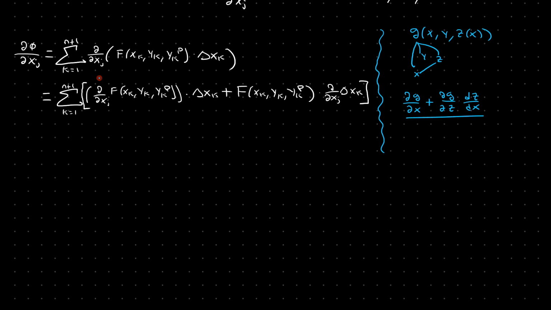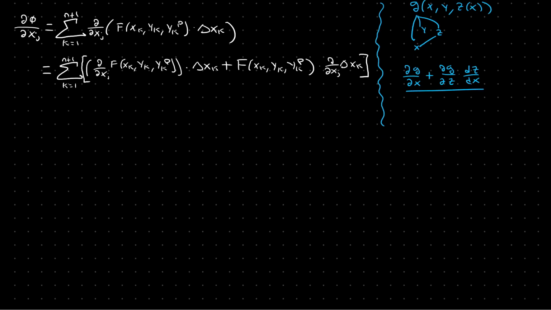Now, in this situation right here, we have something a little bit more complicated, but it's still the same exact idea. So taking the derivative, this is going to be the sum from k equals 1 to n plus 1 of the partial derivative of f with respect to xj.